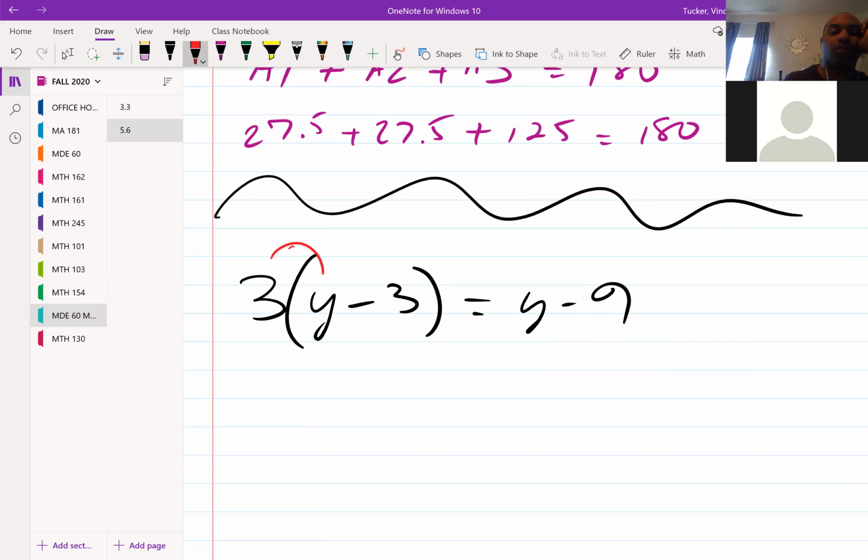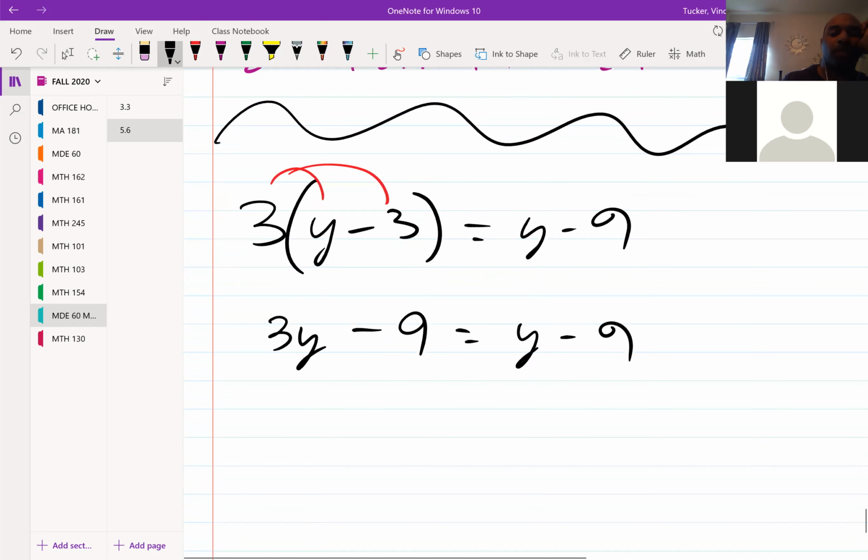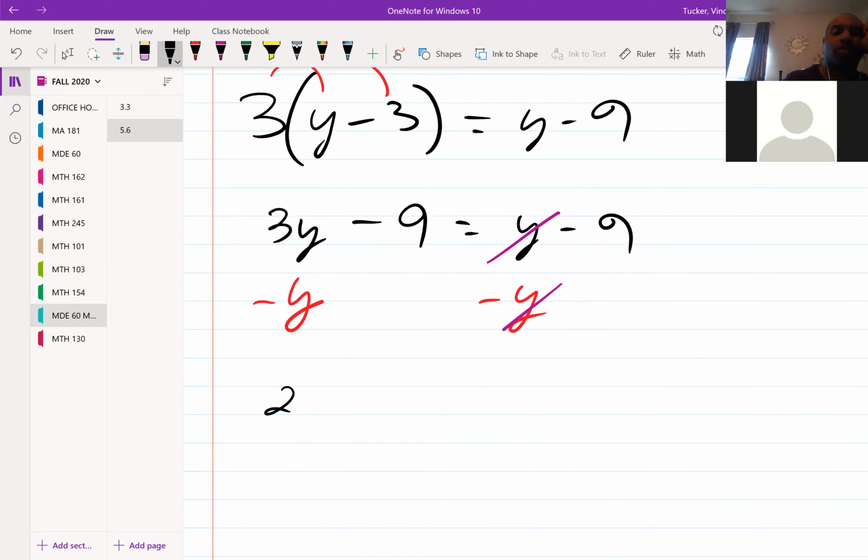First thing you want to do is distribute. You got 3y minus 9 equal to y minus 9. Now you want to get all of your variables on one side, so you can subtract y from both sides. So we got 2y minus 9 equal to negative 9. You okay so far? Yes. Now we will add 9 to both sides.